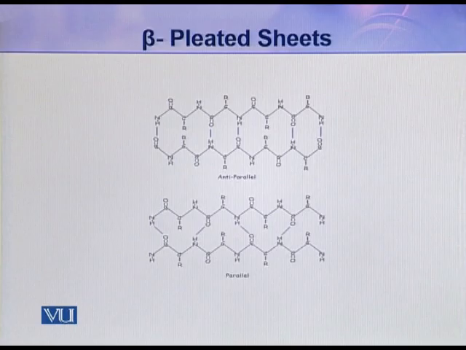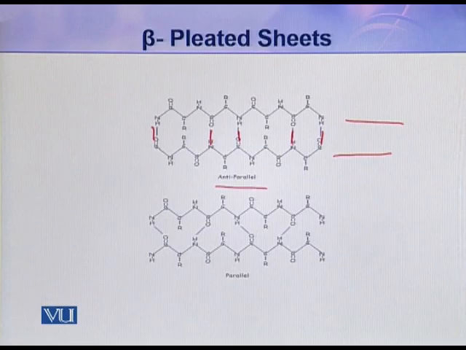Here you can see this is one polypeptide, this is another. They are arranged in a zigzag manner, and you can see these are the hydrogen bonds, and these are present between the adjacent polypeptide chains. So this is an anti-parallel polypeptide chain.